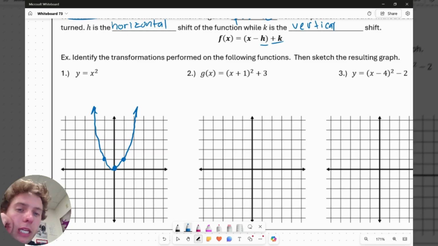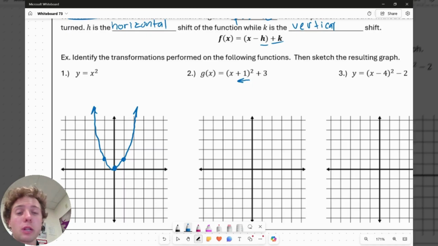But then if we start to have these values inside the quadratic or affecting the quadratic, I notice the 1 on this next problem is on the inside. Anything inside is always left or right. It's the horizontal. In this case, since it's adding, what happens is the graph will move left. The inside always does the opposite of what you expect.